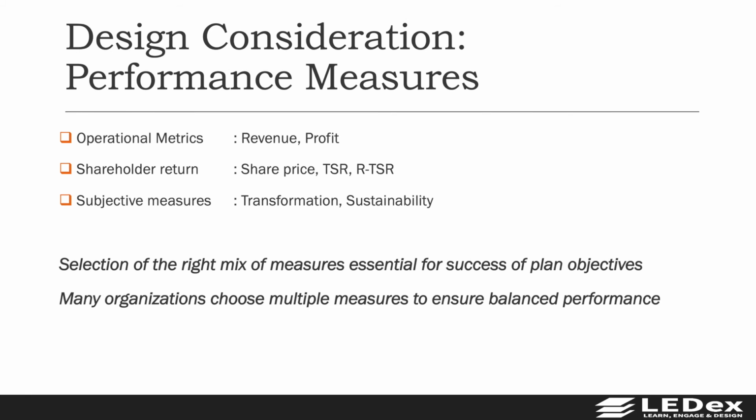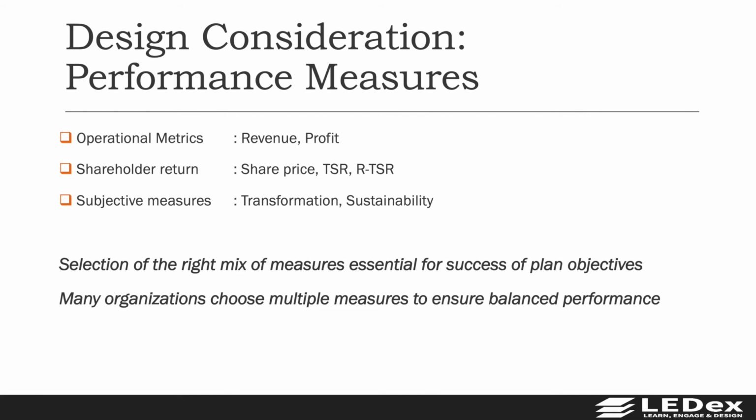If you do choose an LTI program which is linked to performance, say for example a performance share unit, then it also becomes important what performance measures you use, because what you need to keep in mind is that this is a long-term incentive program. So you need to use measures which can be measured consistently over that long-term period.